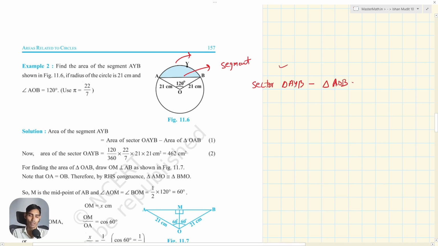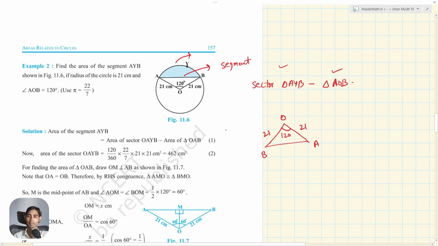So a sector we have already mastered. Now the area of this triangle has to be found. How do we find the area of a triangle which looks something like this? So this is 120 degrees, this is 21, 21. If the original one looks better, you can refer to that.